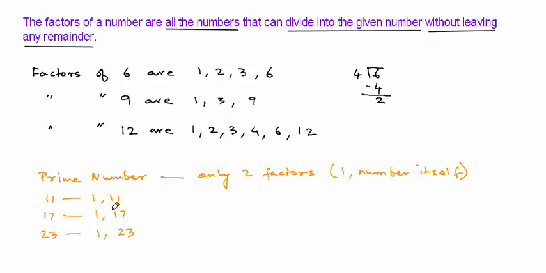Let me also remind you that even numbers are generally not prime because they always have 2 as one of their factors. In fact, 2 is the only even prime number.